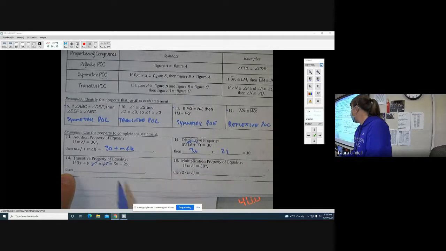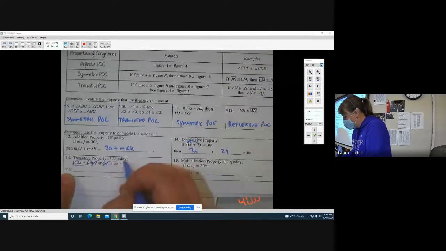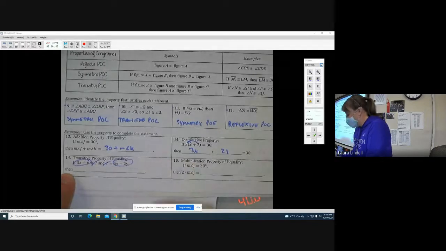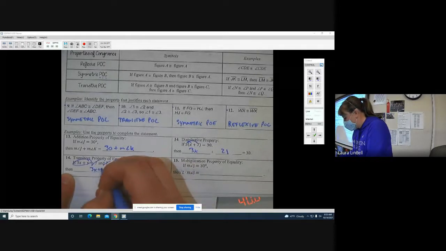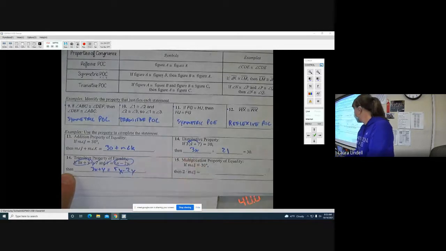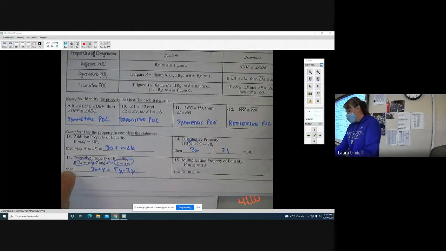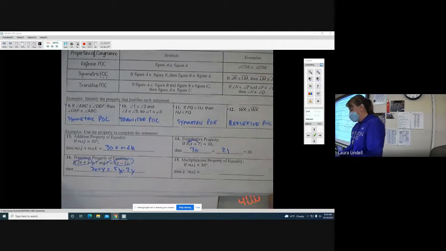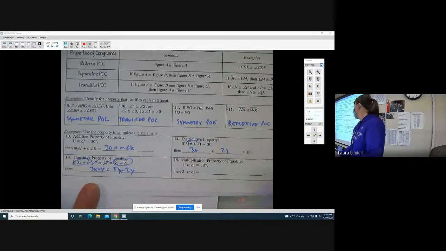Get rid of that and put the ends together. So we get 3x plus y equals 5x minus 2y. That always works fine. Get rid of that middleman and then put the two ends equal. Do we include the equal signs? Include just one equal sign. You don't need two.